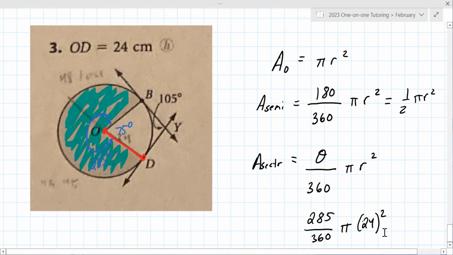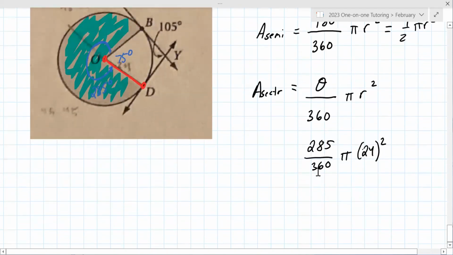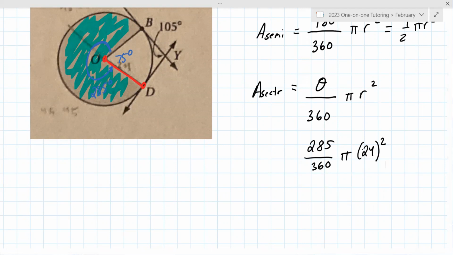This doesn't work out very nicely, so you could probably go right to a calculator for this one. With the calculator, it would make more sense to multiply 24 by 24 first, correct? Depending on the calculator you're using, you can do it all in one step. Actually, it does work out nice. I take that back.